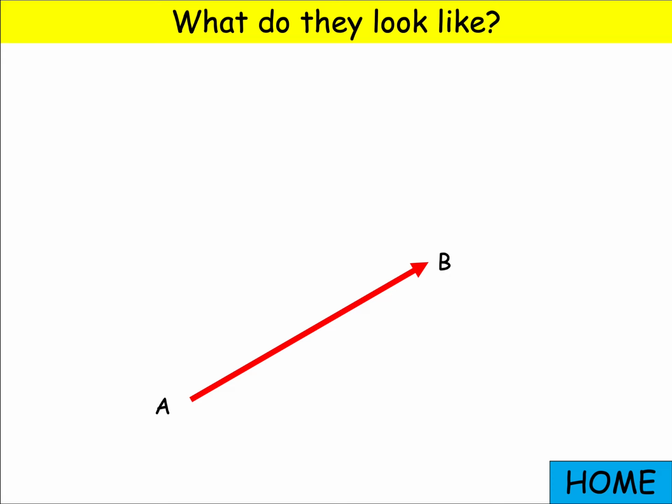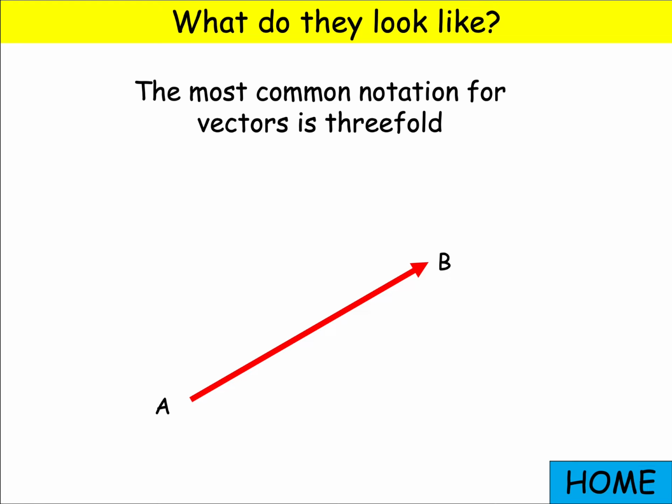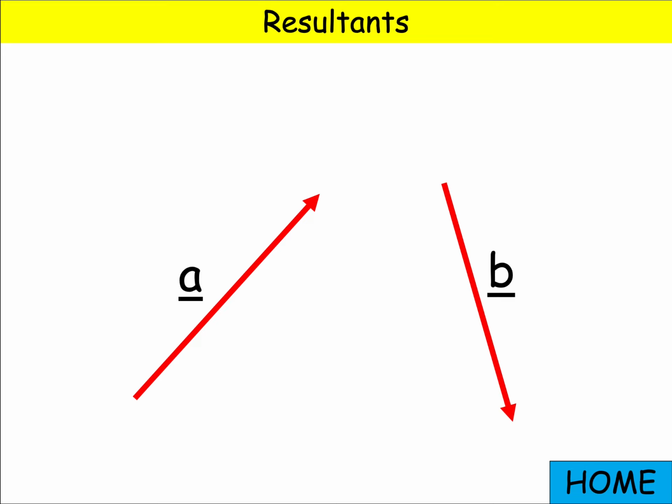This vector goes from A to B. You know that because the arrow is pointing from A to B. The most common notation for a vector is threefold: capital letters AB, denoting the starting point as A, the finishing point as B, with an arrow above showing the direction; as a bold a, little a, or a little a with a straight line beneath it. So there is vector a and vector b.